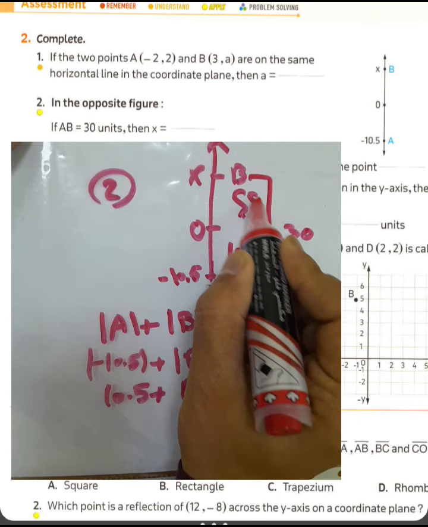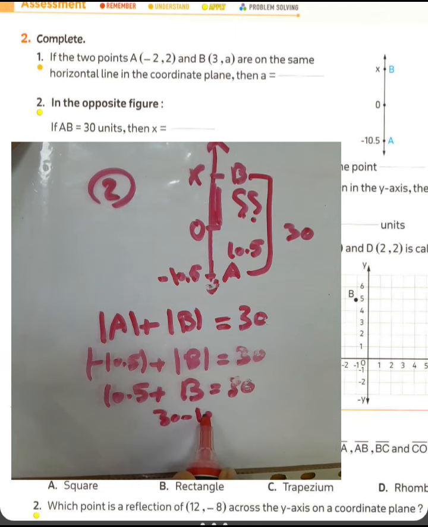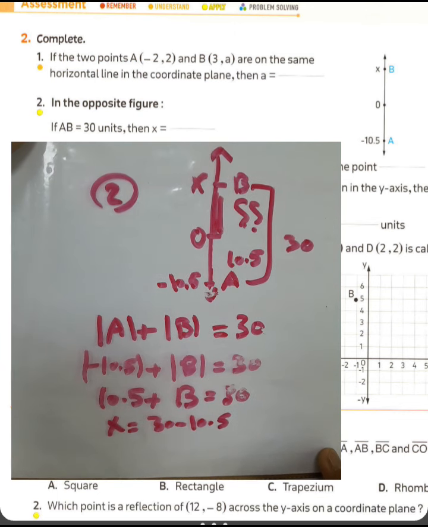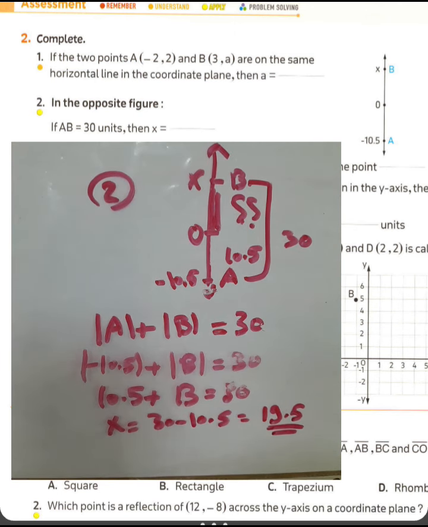You can find this distance, okay? 30 subtract 10.5 to find x, which is the same as B. This number will be 19.5, then the value of x will be 19.5.